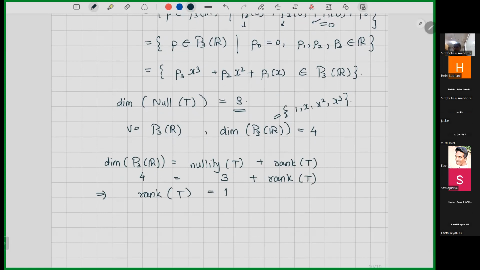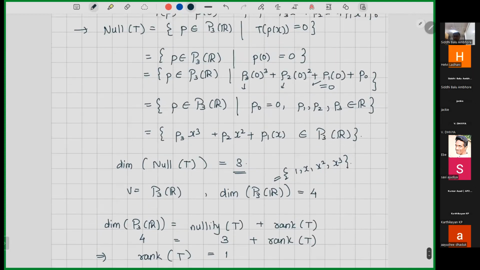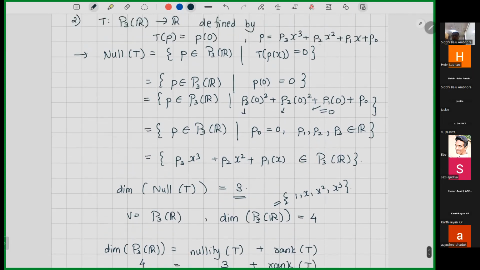Okay, any doubts here? Understand this: taking any coefficients of x square and x cube in p will always give us 0 when we evaluate it at 0. The only thing which would create a problem is p0, the constant term.